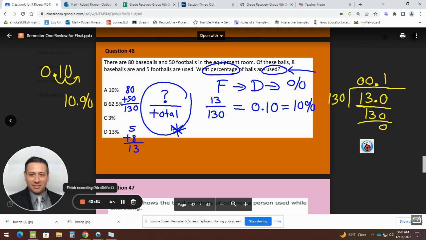What you need to understand in life, in fractions, is that when you have a fraction, you actually have 2 fractions. You have what's shaded and what's not shaded, and it all depends on the question.